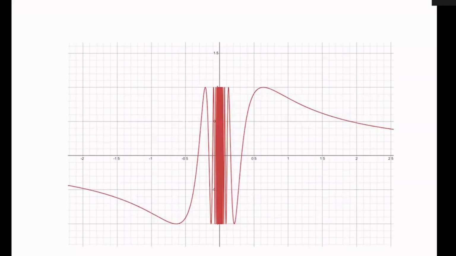Now, another example that I want to go over is the oscillating function, when things get a bit wild. Something that we can discuss is f of x equals sine of 1 over x, and we're interested in finding the limit as x approaches 0 of this f of x. So graphically, as you can see, this is the picture from Desmos.